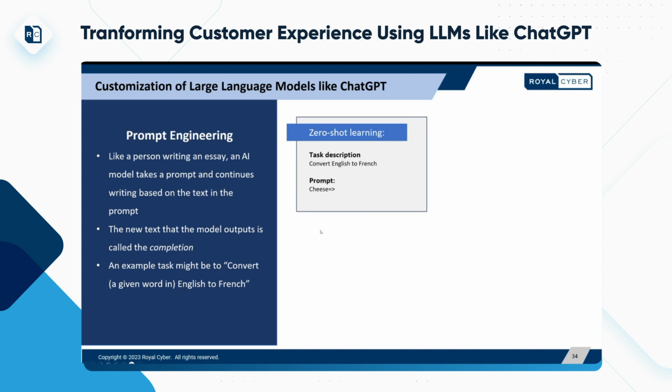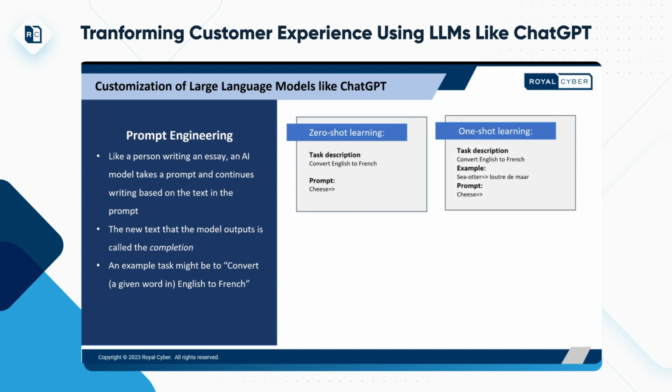The next level of prompt engineering, building on this foundation, is one-shot learning. So this is like seeing a task done once and then being asked to do it yourself. So for a language model, it means seeing one example of a task and then being asked to perform similar tasks based on that one single example, as depicted here.